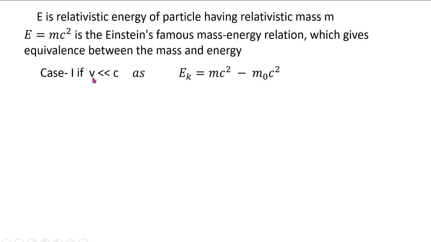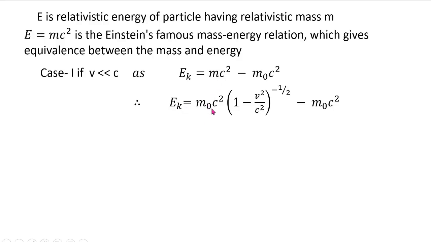If the velocity of the particle is very small as compared to the velocity of light, then this equation modifies. Ek is equal to mc square minus m0 c square, which is equal to m0 c square into 1 minus v square upon c square raised to minus half, after substituting m is equal to m0 upon square root of 1 minus v square upon c square.